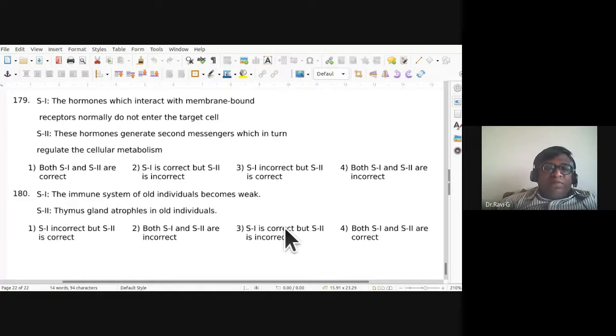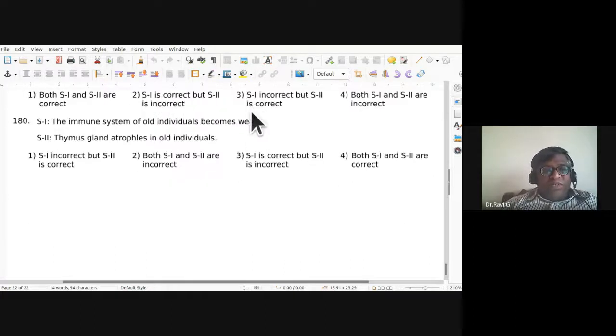So both statement 1 and statement 2 are correct options.